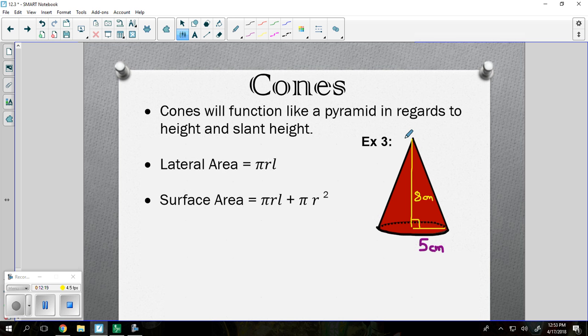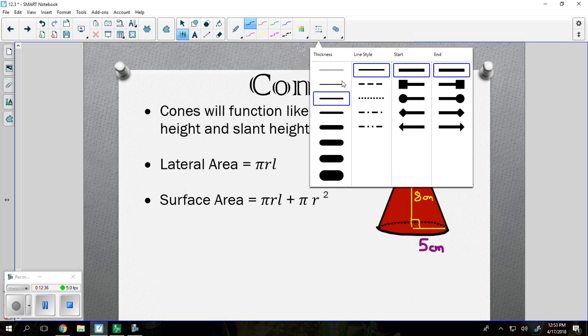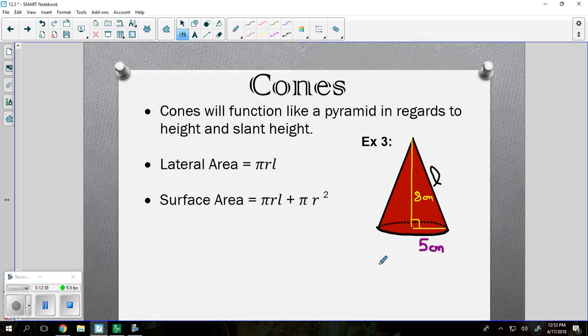So example 3, we're going to find both of them for this one here. So the slant height goes on the exterior like that, so we don't know that right now, so I'm going to put that L there. But I do know the radius is 5, and the height is 8. And just like the prior problem, we can do Pythagorean Theorem to find what we need here. So we would do 5 squared plus 8 squared equals L squared.